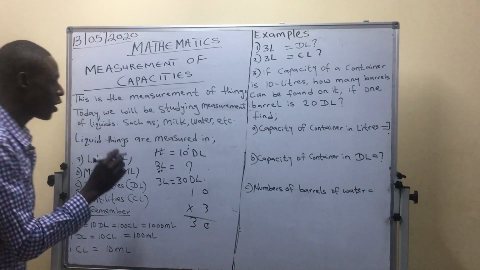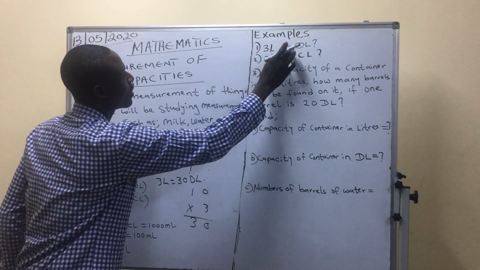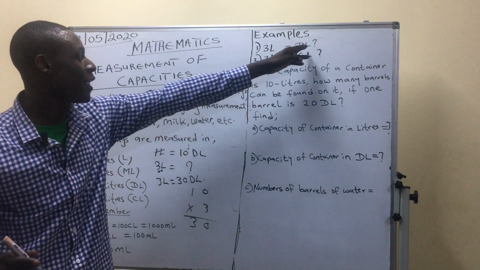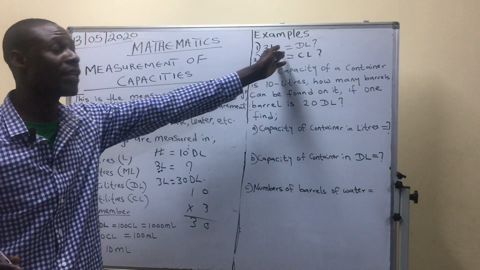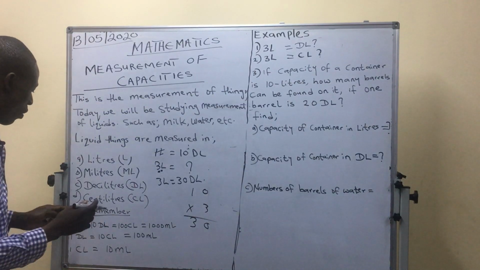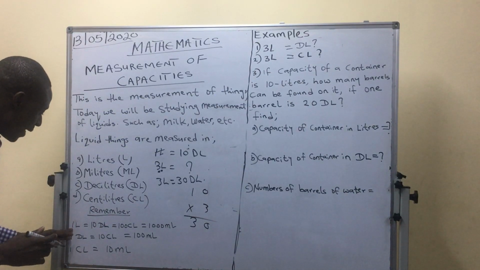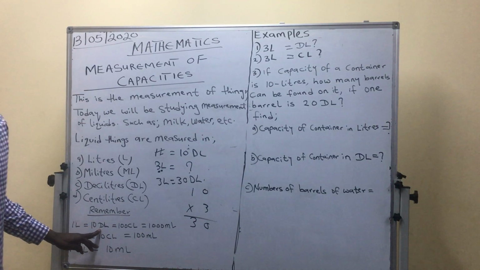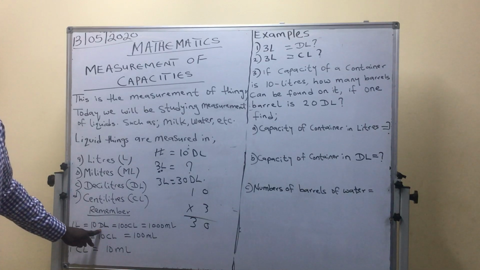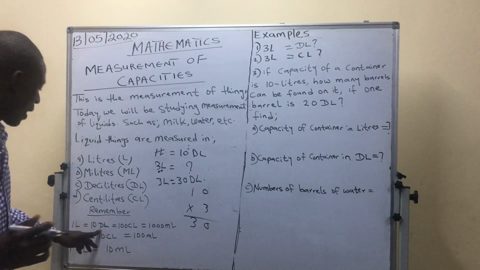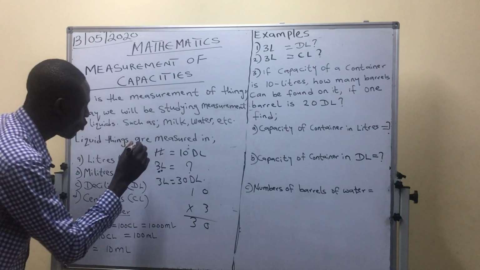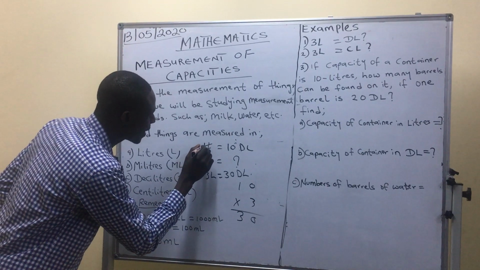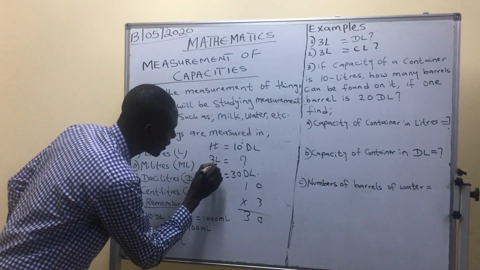Again, the question is 3 liters is equal to how many deciliters? For you to get the number of deciliters inside 3 liters, you have to remember that 1 liter is equal to 10 deciliters. Now instead of having 1 liter, you have 3 liters.